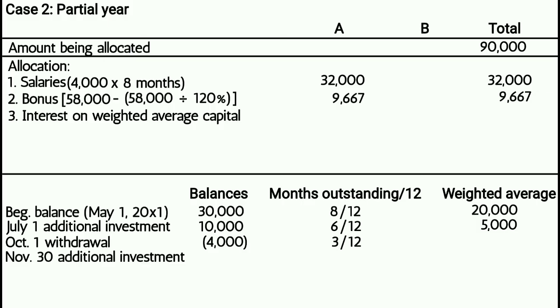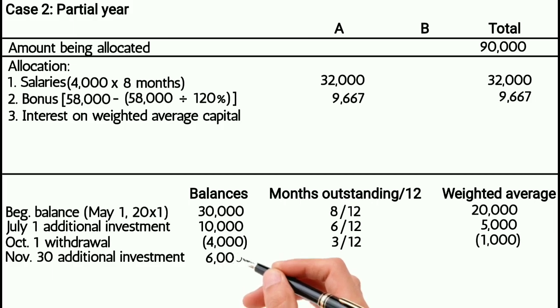Negative 4,000 pesos times 3 over 12, that is equal to negative 1,000 pesos. Next, the additional investment on November 30 is 6,000 pesos.